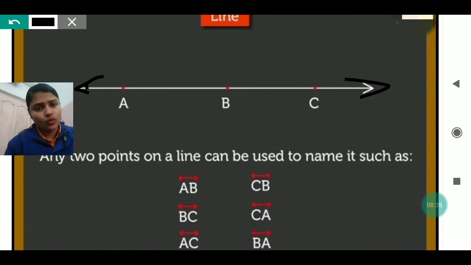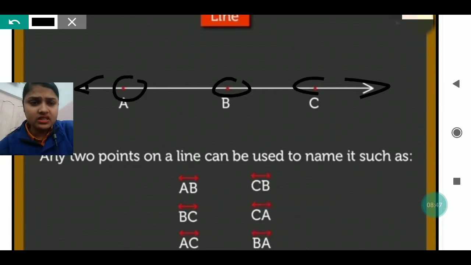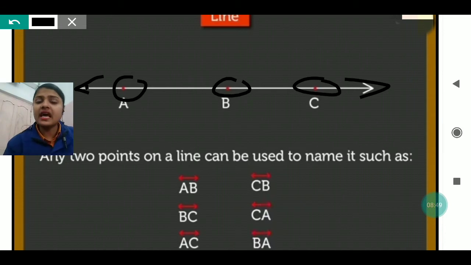You can see I have put three dots on this straight line, and I have given the names A, B and C. So these three are points on the straight line which I have drawn. Any two points on a line can be used to name it.